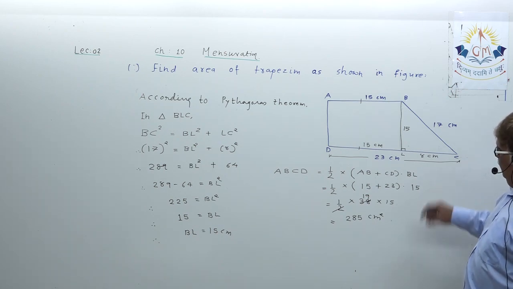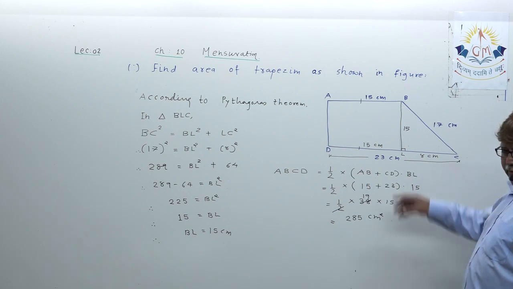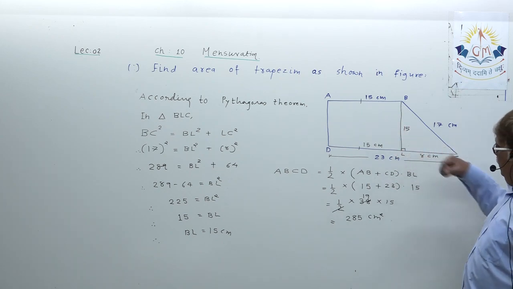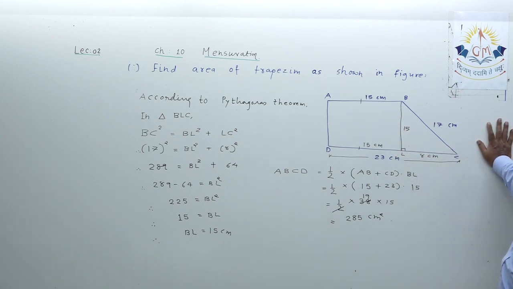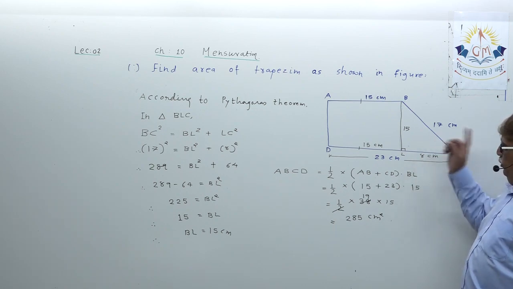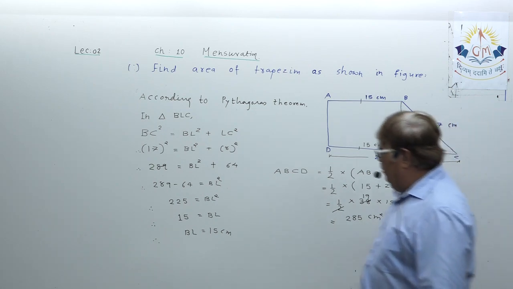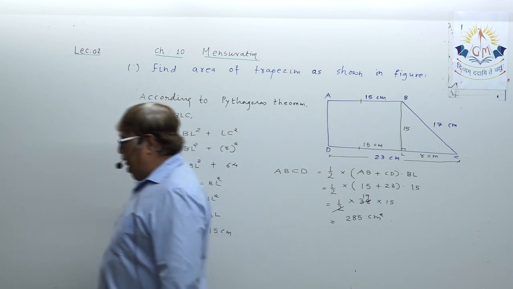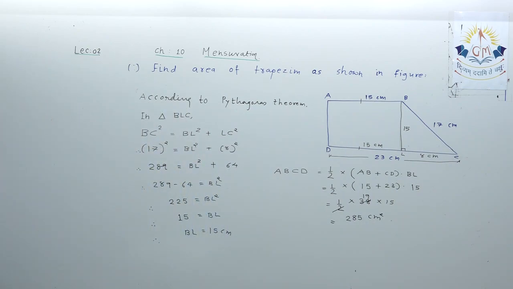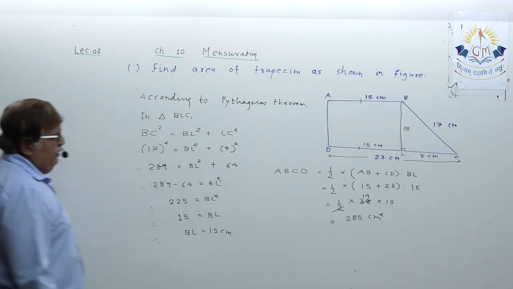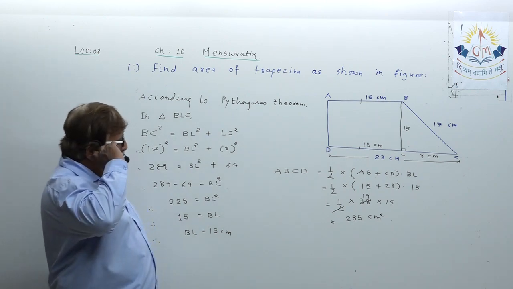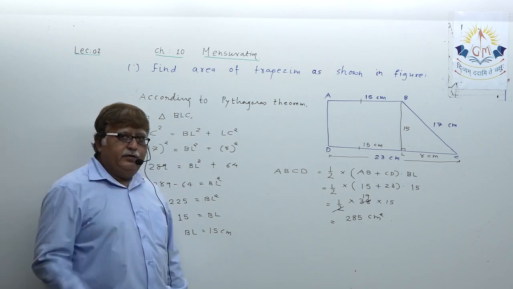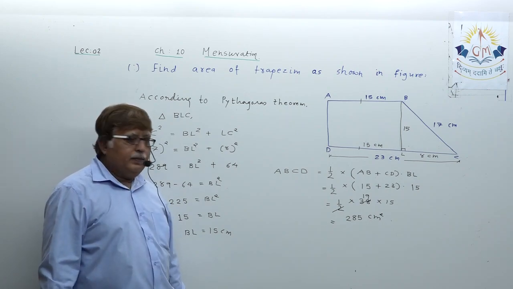How to find the area of a trapezium when it is given in such a format, in the form of a diagram. So you need to concentrate here. One of the non-parallel sides is given. How to find the altitude, that means the distance between two parallel sides, by application of Pythagoras Theorem.